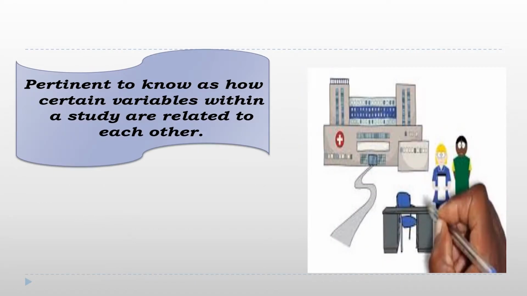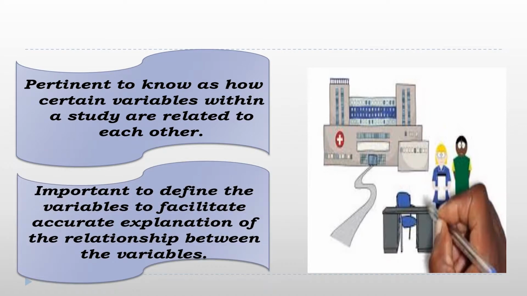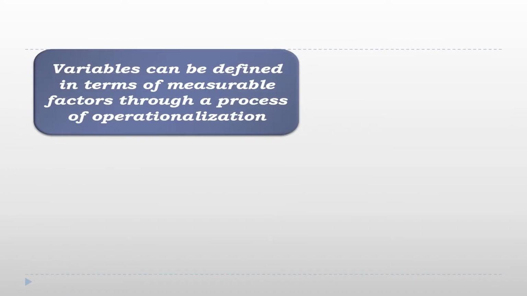It is pertinent for a researcher to know as to how certain variables within a study are related to each other. It is thus important to define the variables to facilitate accurate explanation of the relationship between variables. Variables can be defined in terms of measurable factors through a process of operationalization.